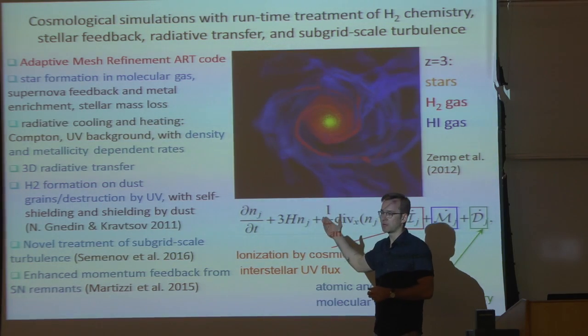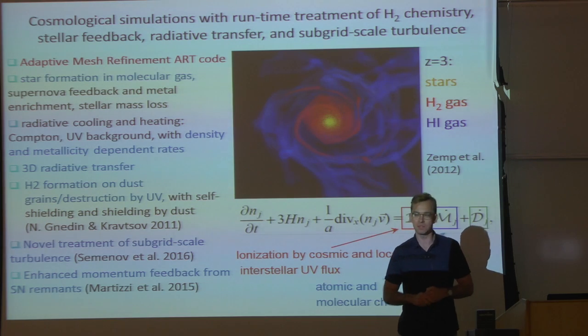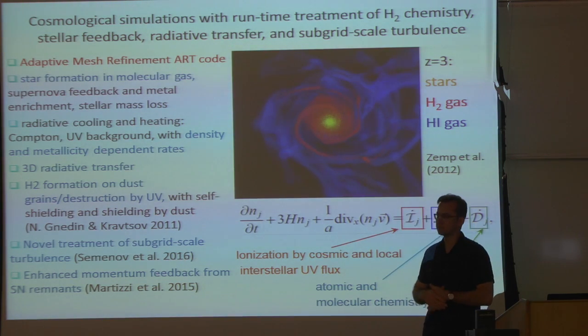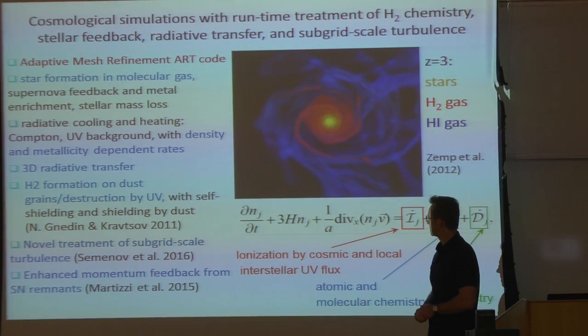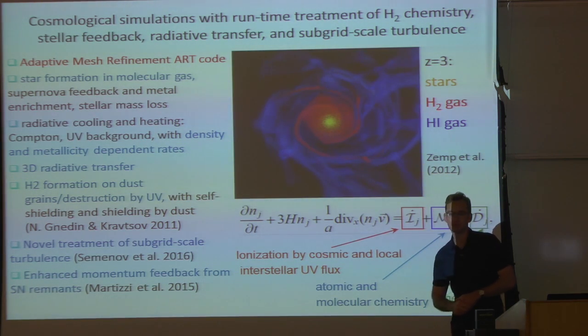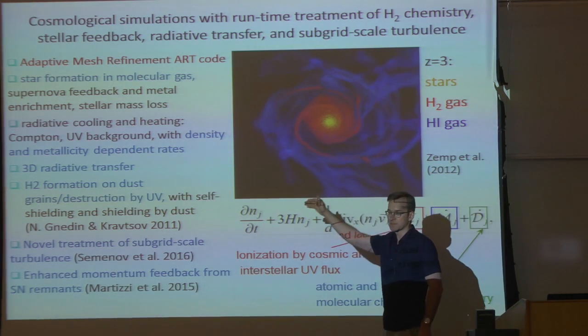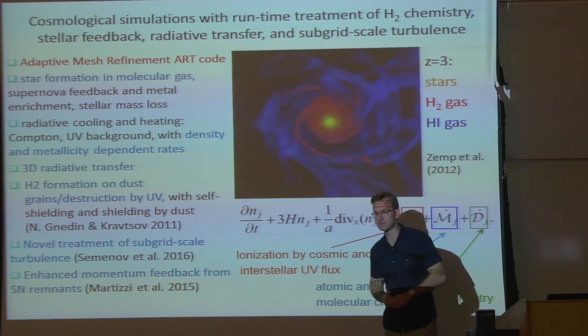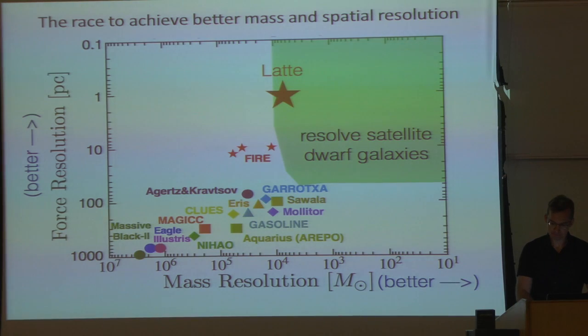This is the code that our group is using. It's called ART, which stands for Adaptive Refinement Tree. It's an example of an adaptive mesh refinement code. Here are the equations that it tries to solve. I'll skip it; if you have questions about it, I can describe in more detail. But we try to model most of the effects that were written on the previous slide that have to be part of galaxy formation.